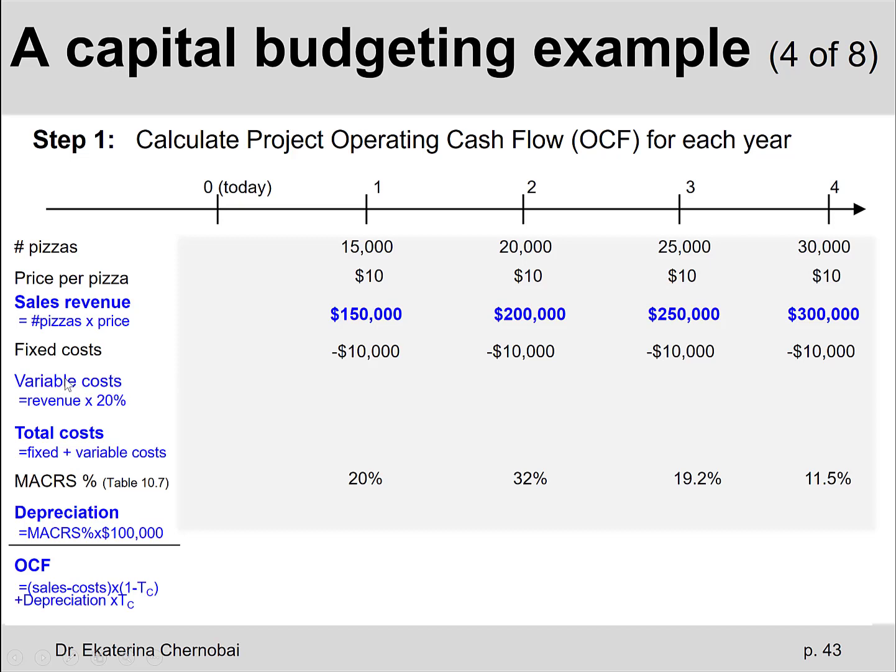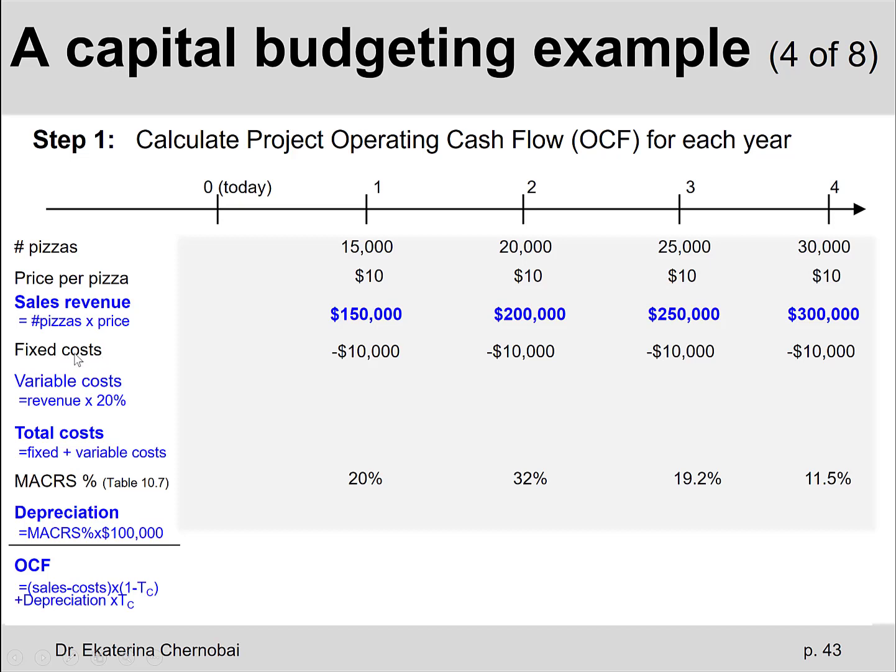And what was given to us is that to calculate the variable cost, we need to take the sales revenue and multiply it by 20%. So the idea is variable costs vary with how much we sell. So if we produce more pizzas, we are employing workers over time, we are paying them higher wages, we are also using more electricity and other utilities, and so that all adds up to higher costs.